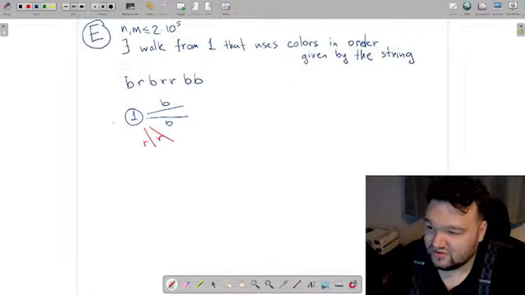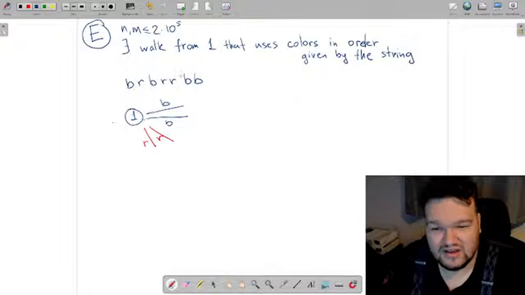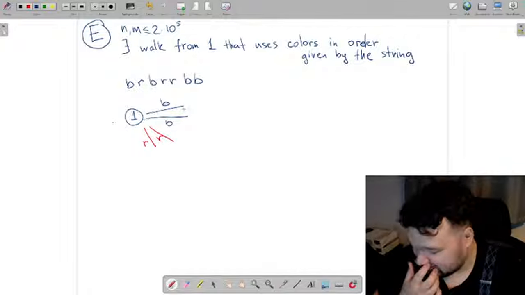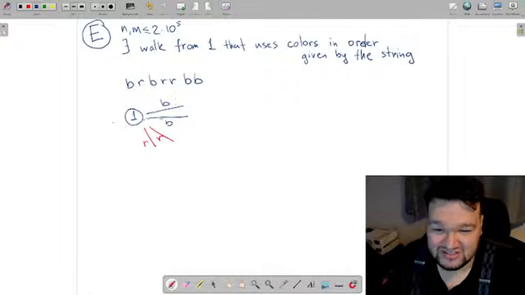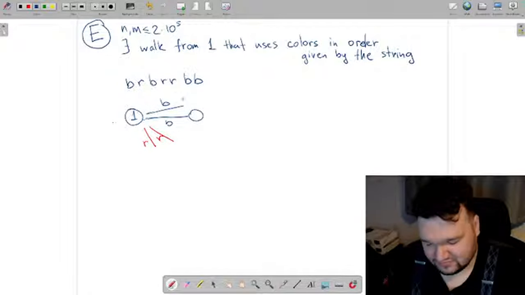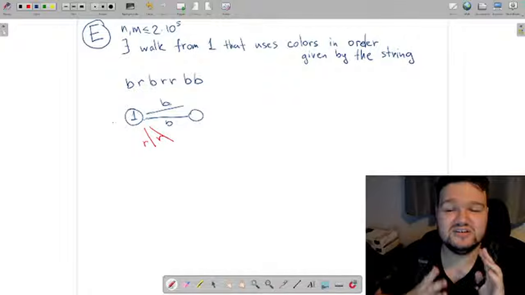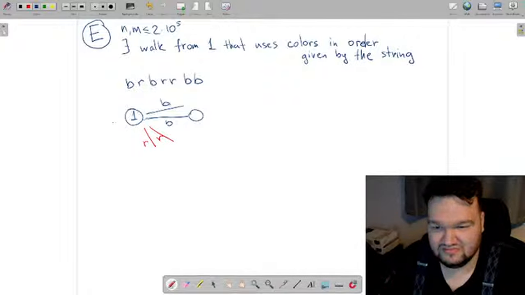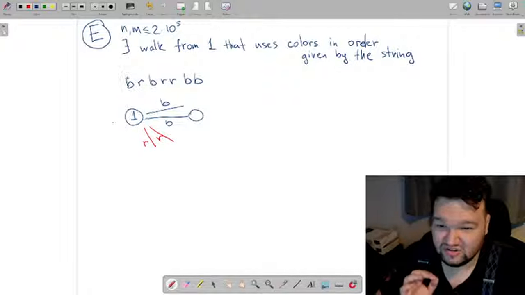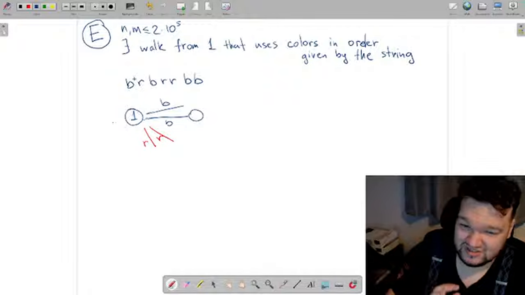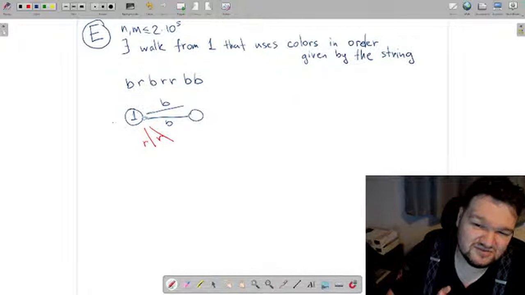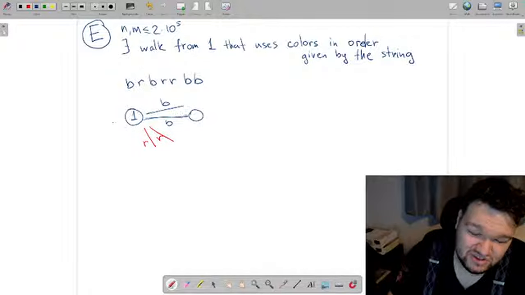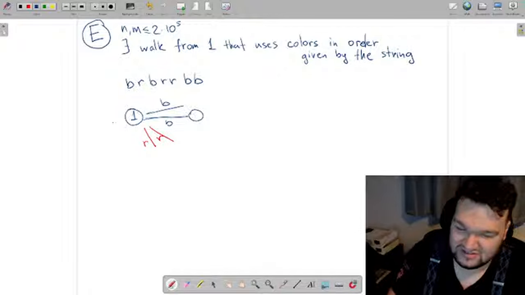Since our first symbol is blue, we must traverse one of those edges. We can even try to say, okay, let's use this edge, although technically we don't have to make that choice right away. For now we only consider that the string starts with B, so we have to use one of those edges, but we don't have to make this choice right away.